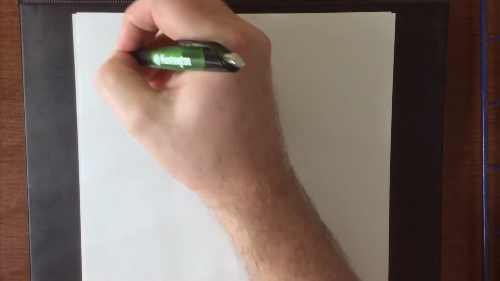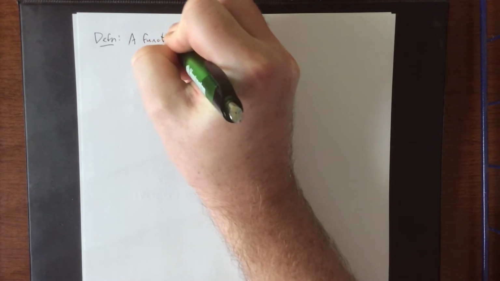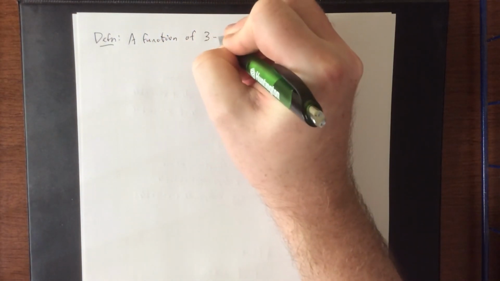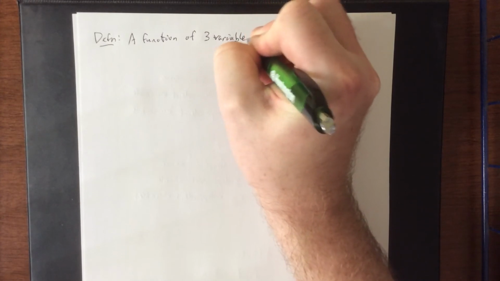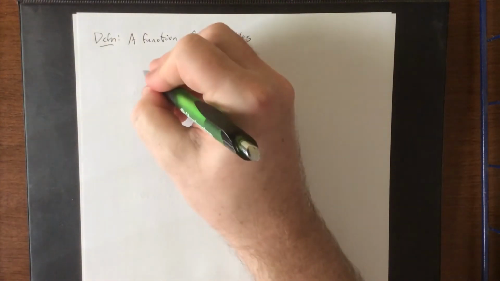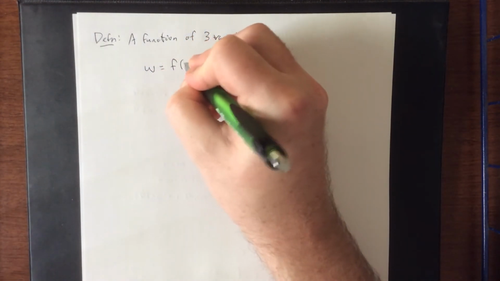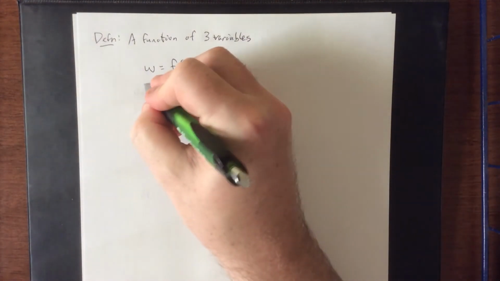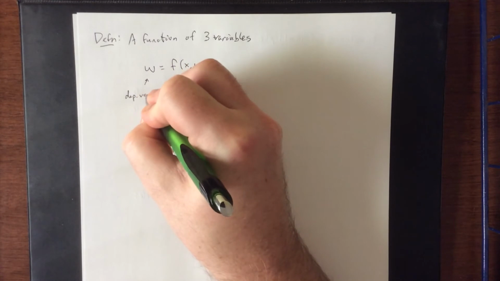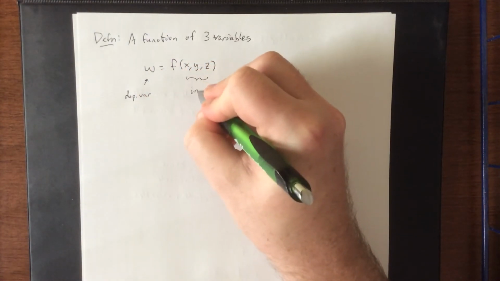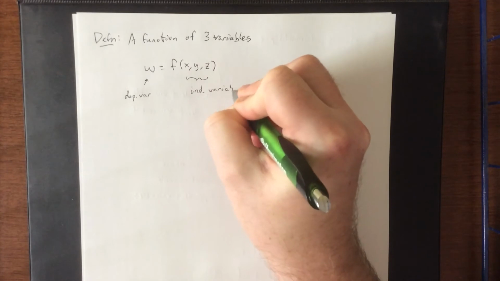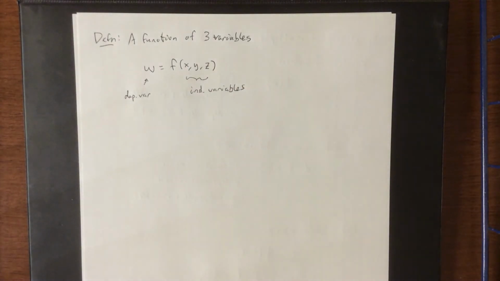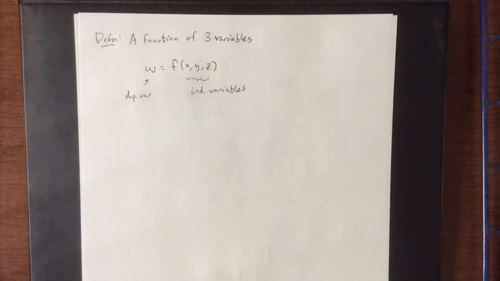Now, if we wanted to up the ante on this, we could also talk about a function of 3 variables. The most common way that we see a function of 3 variables represented is that x, y, and z all become independent variables, and w becomes your dependent variable, with, once again, f being your function name.